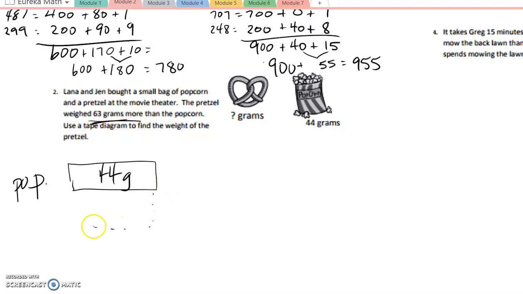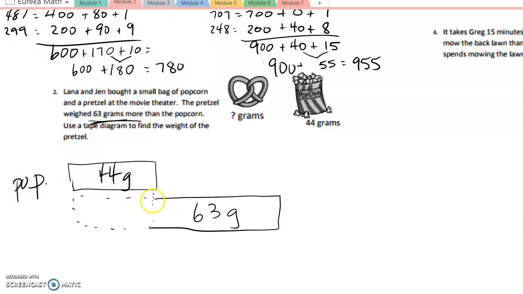So it's the 44 grams plus, and I'm going to make it bigger, 63 grams. Okay, this is the pretzel. That's what this is telling you when it says 63 grams more. So to find the weight of the pretzel, we don't know what that is. We have to take the 44 and add it to the 63.